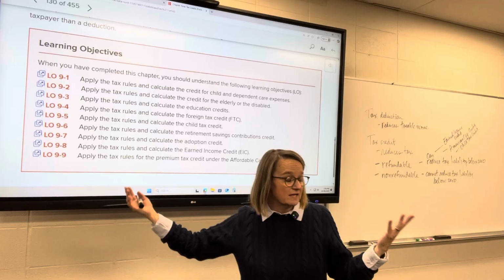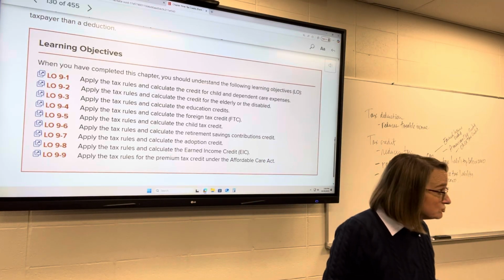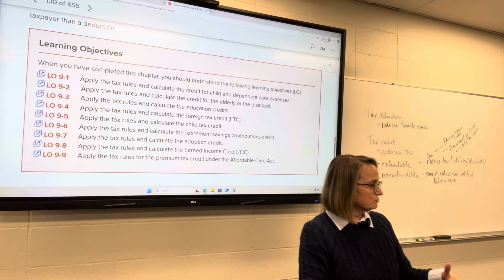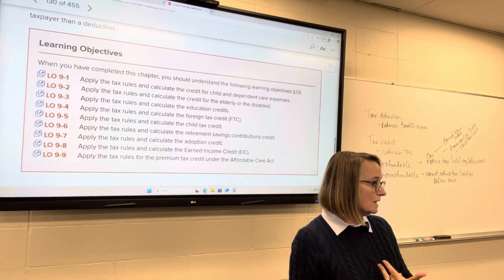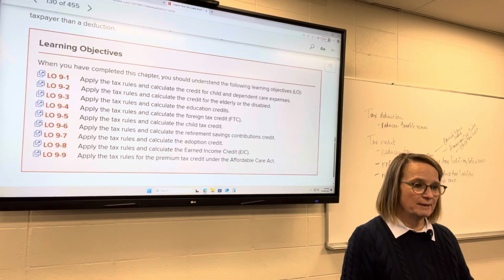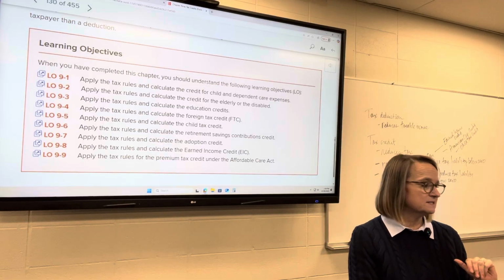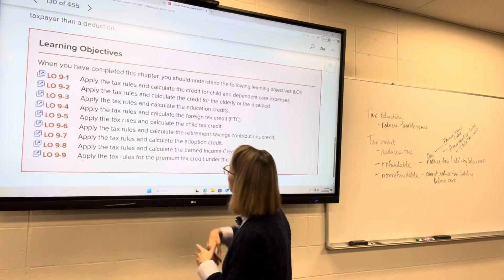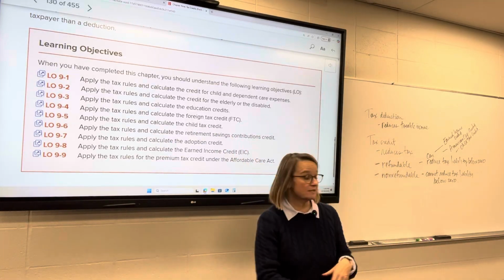So say you have a savings account in Canada and it earns interest, and Canada taxes that interest income. Well, the United States also taxes that interest income. So you get a credit for the amount of tax that you've already paid to Canada. There's a calculation that goes with it. It cannot exceed the amount of tax that you actually paid, but we're going to go through the rules for that foreign tax credit.